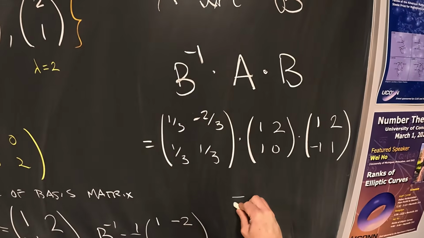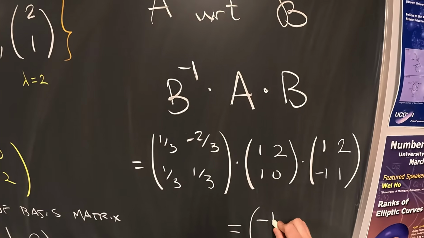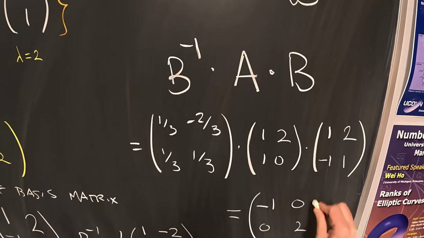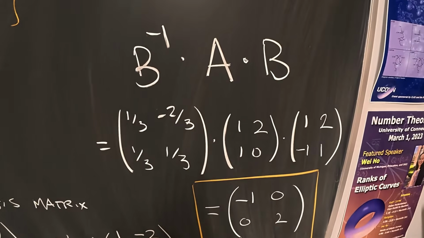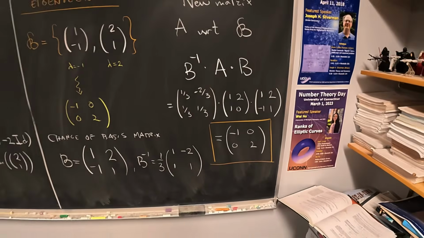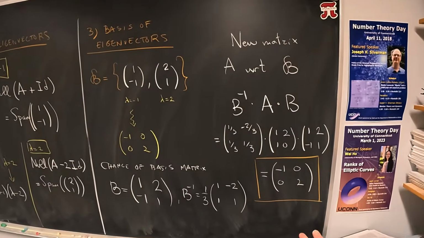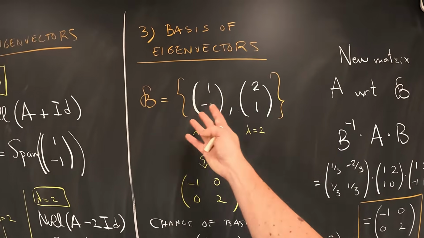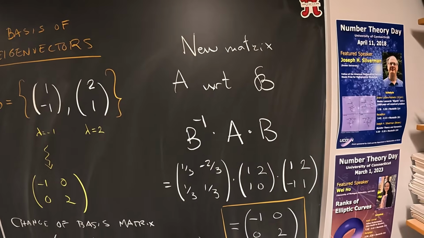And if you do it all out, I get minus 1, 0, 0, 2. And this is my final answer. This is my diagonalized matrix. A is that matrix, and I have to tell you what the basis was, which is the basis of eigenvectors, such that when I change A with respect to that basis, I get a diagonal matrix.